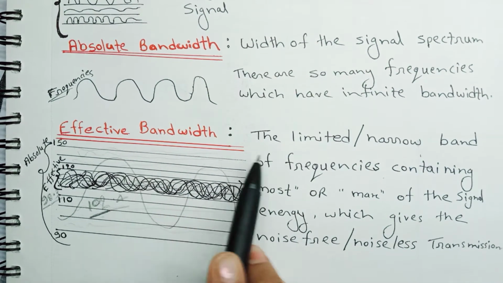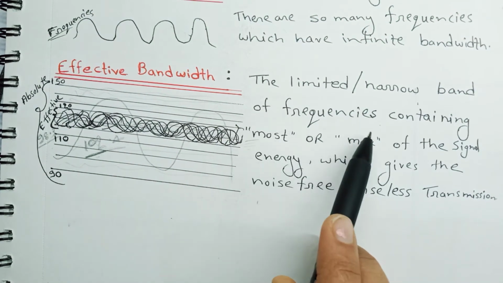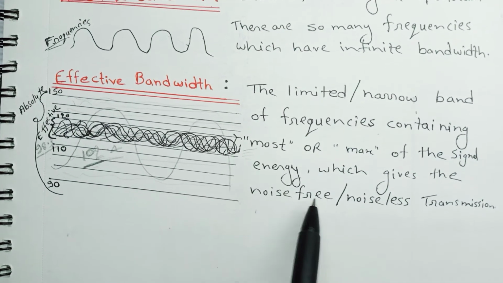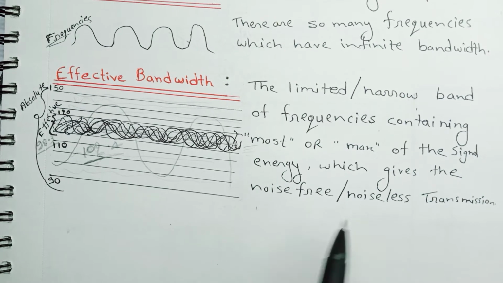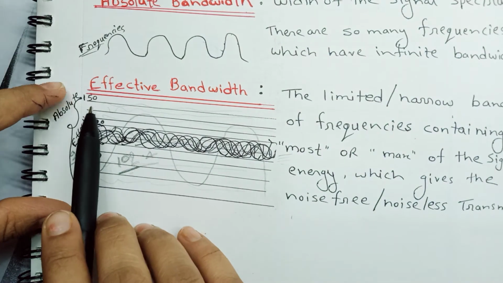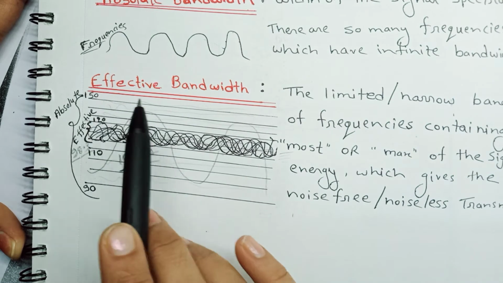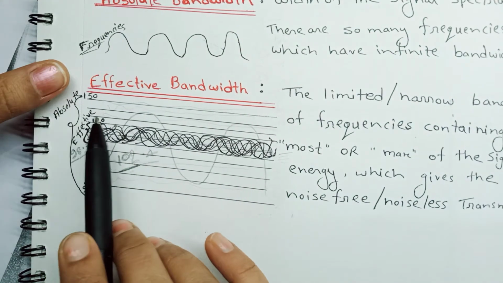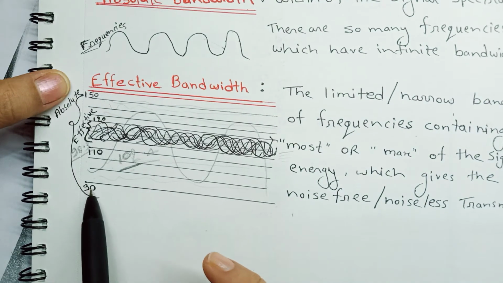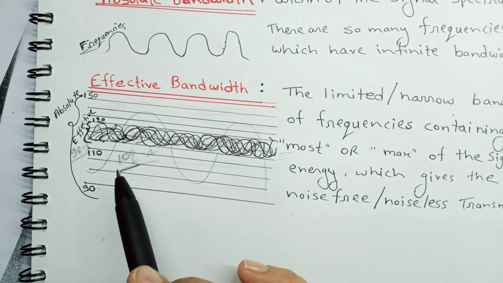And what is effective bandwidth? The limited narrow band of frequencies containing most or max of the signal energy, which gives noise-free, noiseless transmission. Here the infinite bandwidth is also called absolute. In the effective band, our message or data is transmitted.